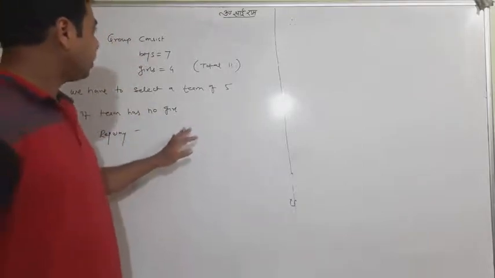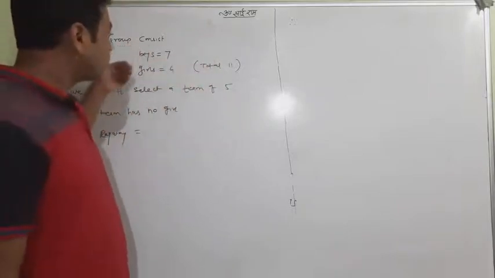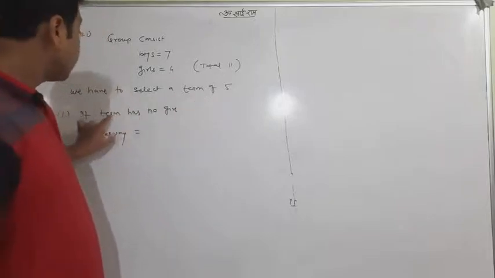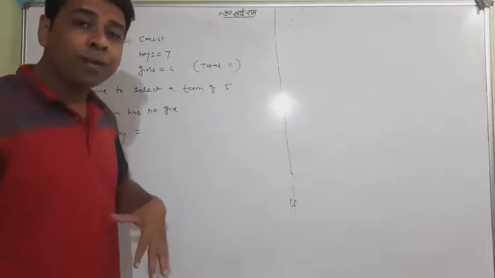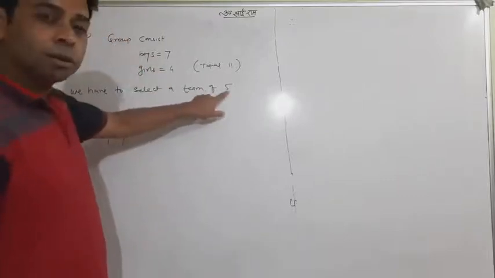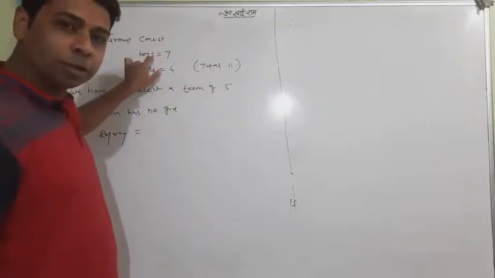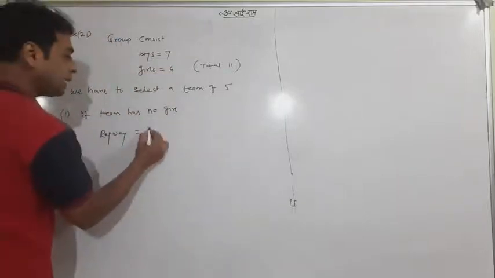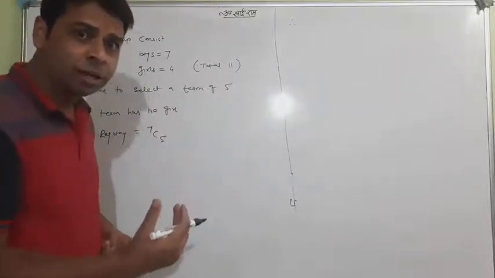We have a total of 11, no matter at all, 7 boys and 4 girls. But the question says you have to make a team of 5, but the team has no girl. In this particular team of 5, there should be no girl. So definitely all 5 that you are selecting will be selected from the boys, because there should be no girl in the team. So the required way will be only from 7 boys. You have to select all 5 from the boys. Girls should not be there.